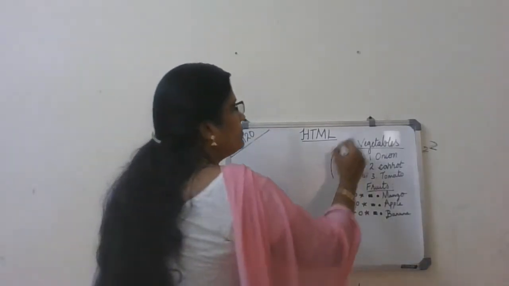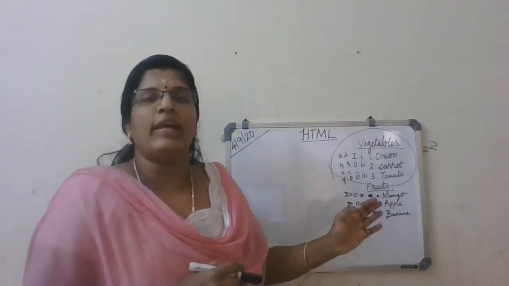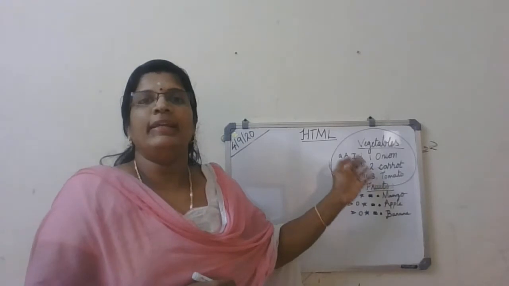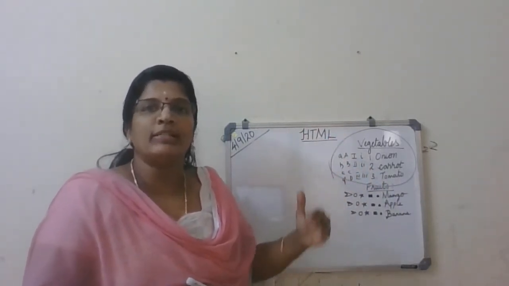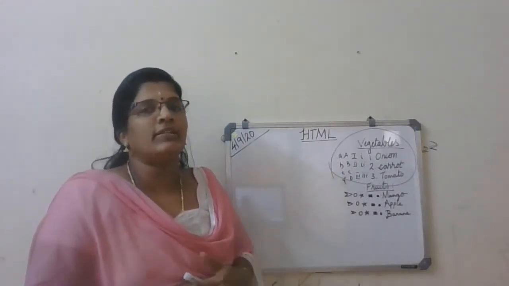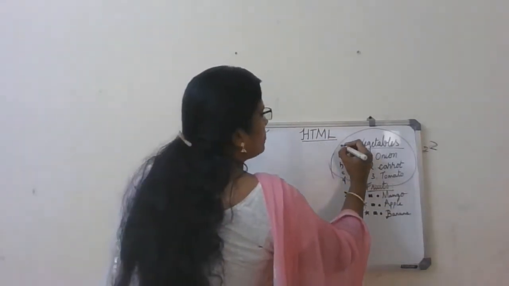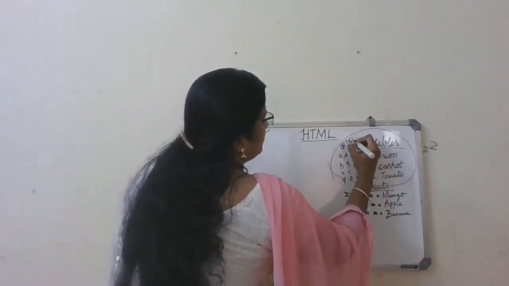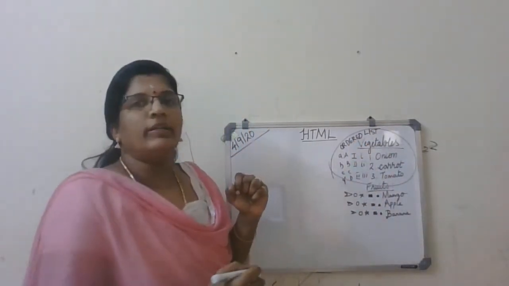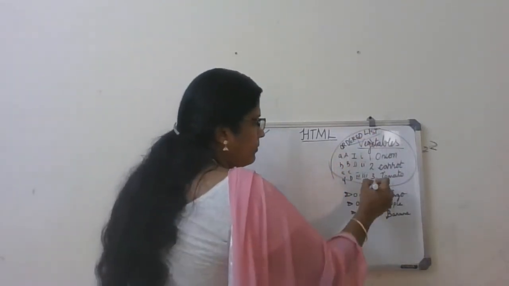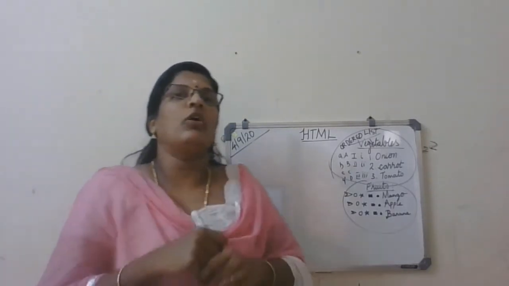Okay. So if you see the first part, they are called lists, and what type of list is it? It is an ordered list. This has an order. Number 1, 2, 3, some order is there, or A, B, C, D, E, F, G, H, some order is there. So this one is called an ordered list. And what about this one? The opposite of order. What is the opposite word for order?